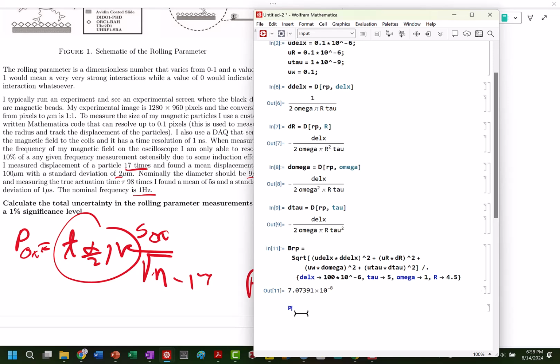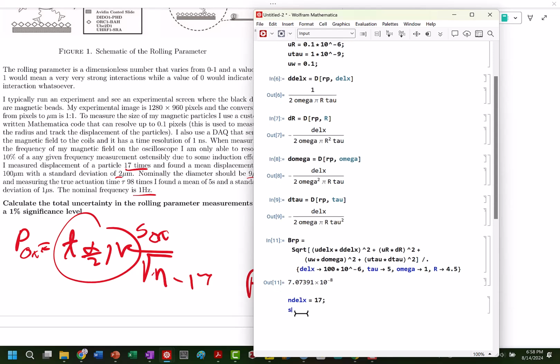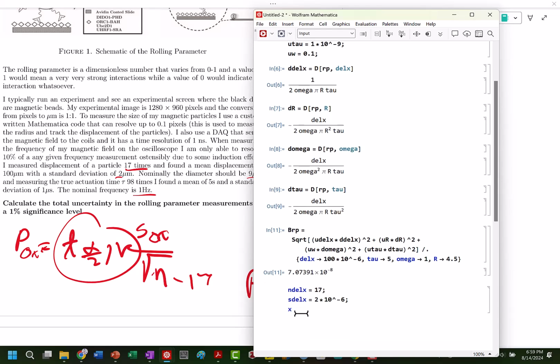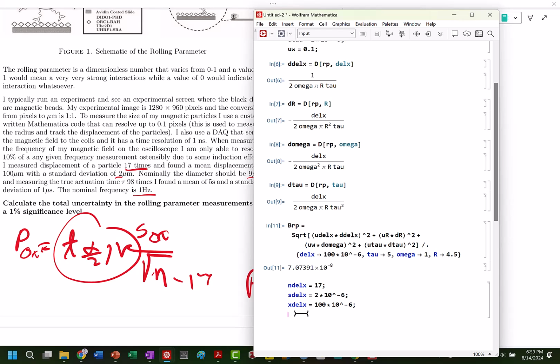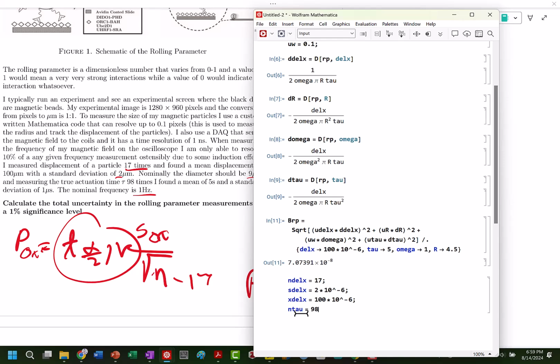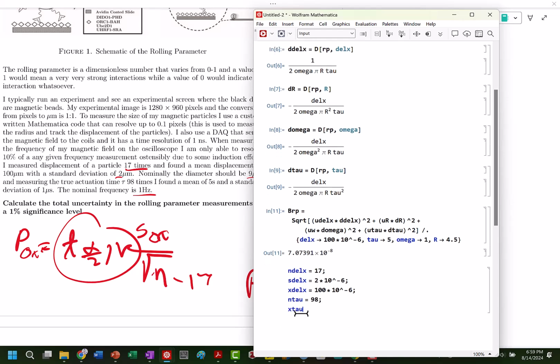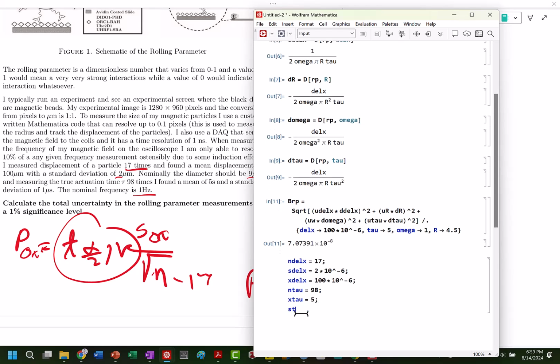So now we have, though, precision, so we have the number of del x equals 17, the s del x is going to be equal to 2 times 10 to the minus 6, and then x del x equals 100 times 10 to the minus 6, and then finally we should have the same thing for n tau equals 98, x tau equals 5, and then s tau equals 1 times 10 to the minus 6.